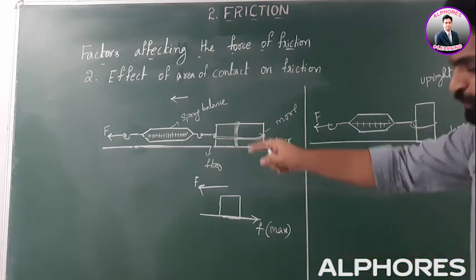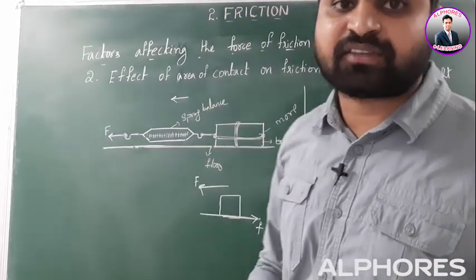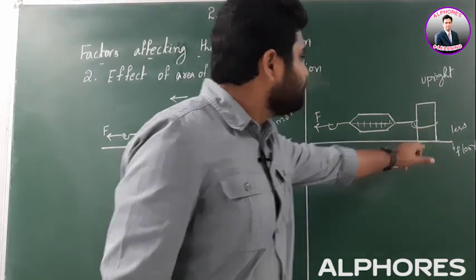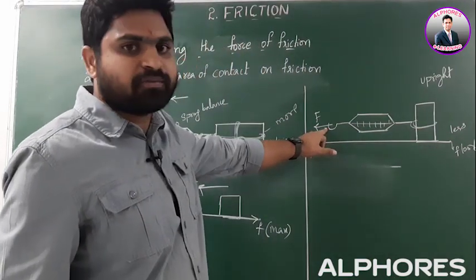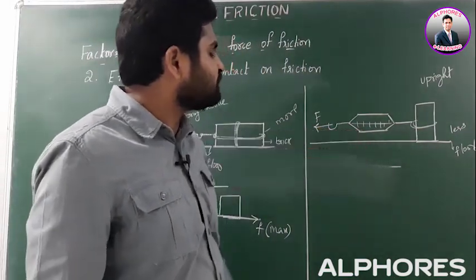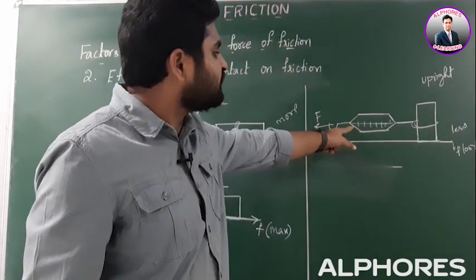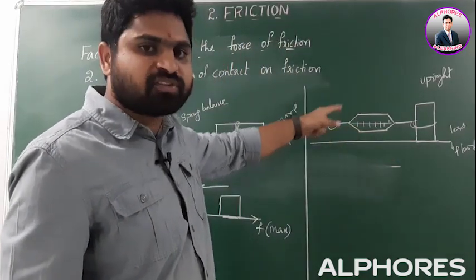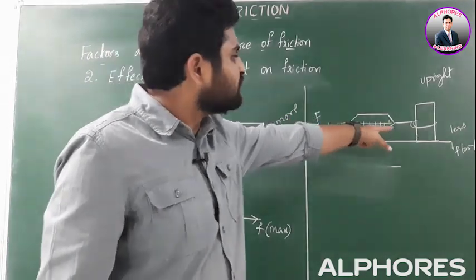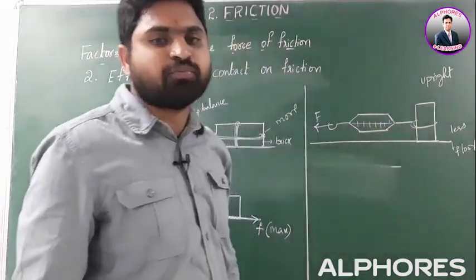Now repeat the same process as in the previous case. Just pull the brick with the help of this spring balance. We are applying force on the spring balance so that the brick is ready to move.